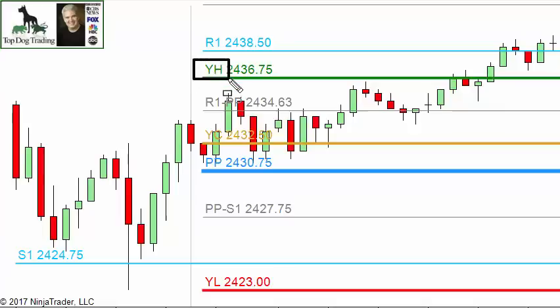So this represents YH, that's yesterday's high, and YL is yesterday's low. The teaching was, when we're looking for the market to decide on whether it's going to be bullish or bearish for the day, you look for it to break out of the range, either above yesterday's high or, conversely, below yesterday's low.